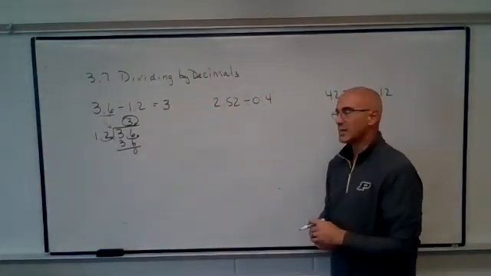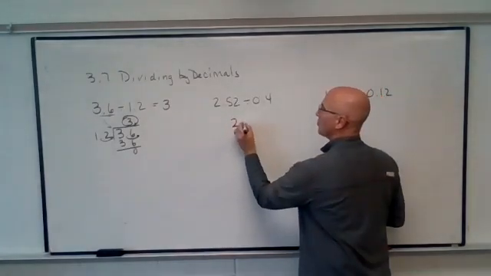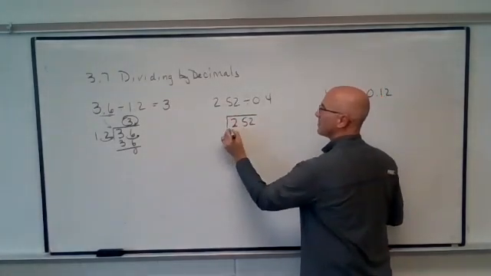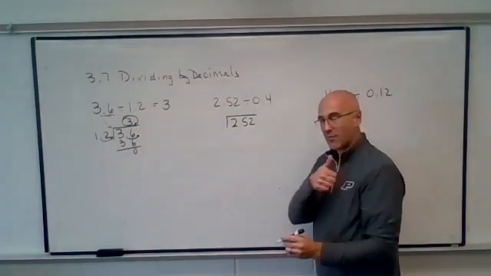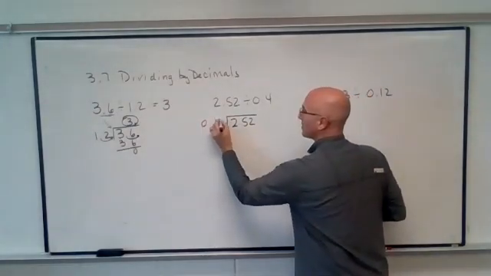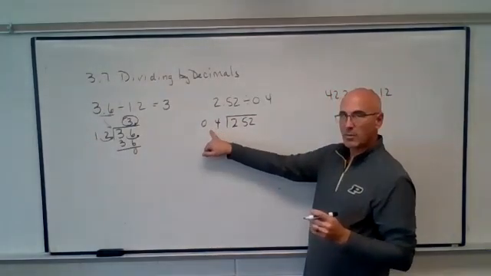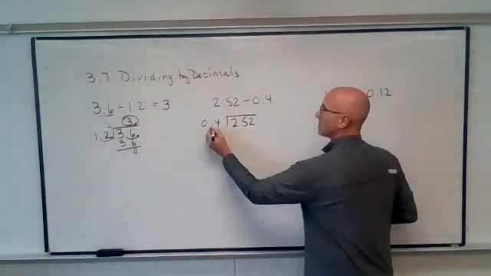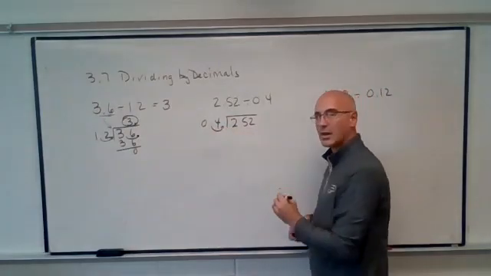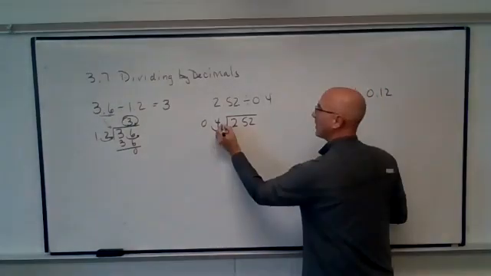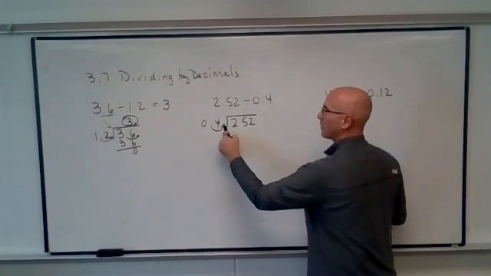Let's look at our second example. We have 2.52 divided by 4 tenths. And when we divide, remember we move our decimal point as far to the right as we possibly can. So we move this one place.